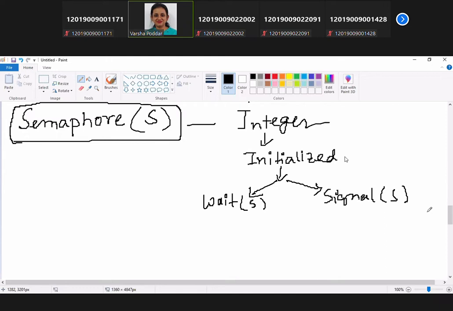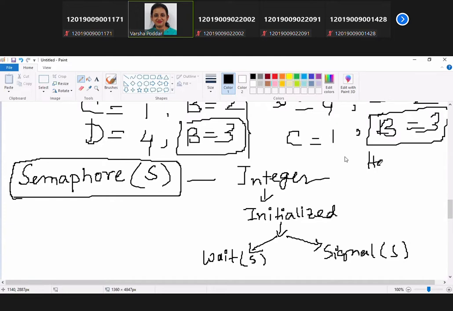When we call the problem of deadlock hold and wait, what does it mean? If I have P1 and P2, P1 has got R1 and P2 has got R2. Now holding R1, P1 is waiting for R2, and R2 is held by P2, which is now waiting for R1.